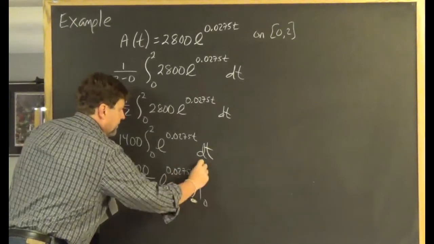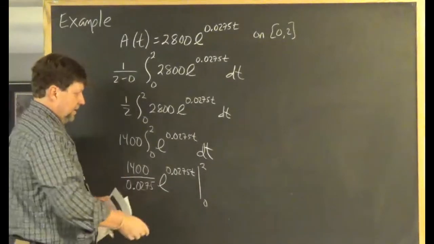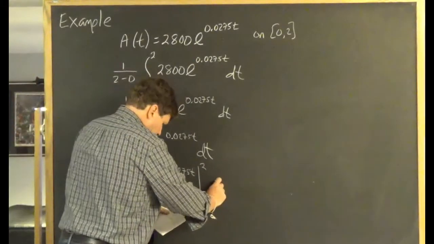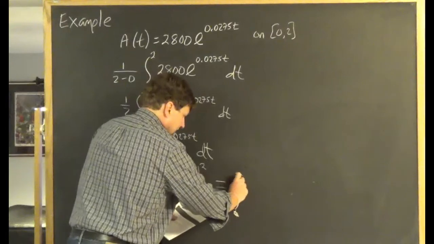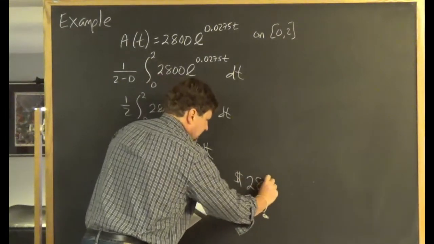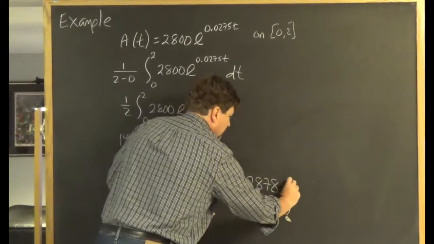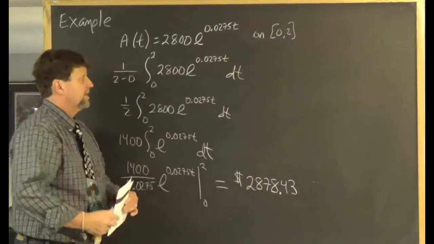You evaluate that from 0 to 2, and when you do that, you crank it through your calculator, round it to the nearest cent, you get his average balance to be $2,878.43.